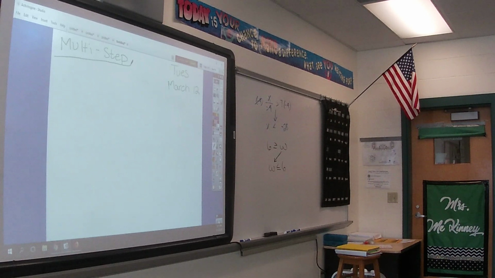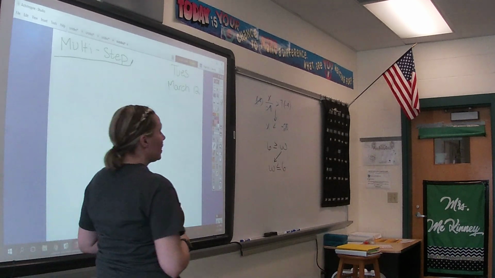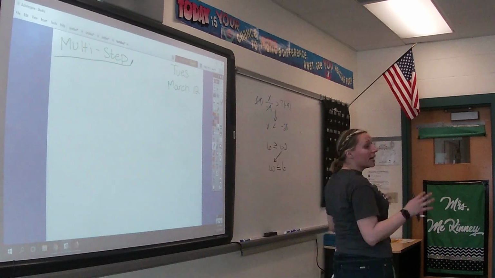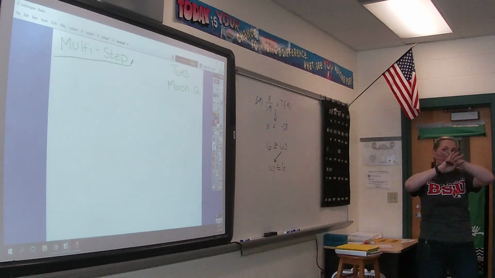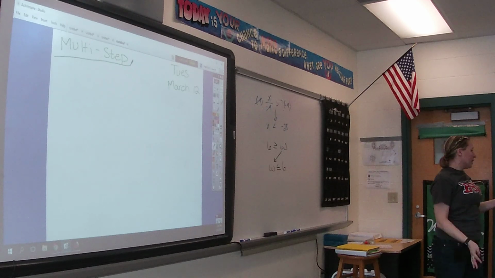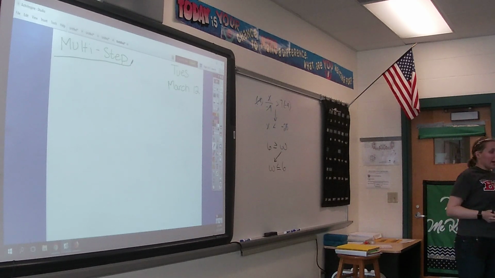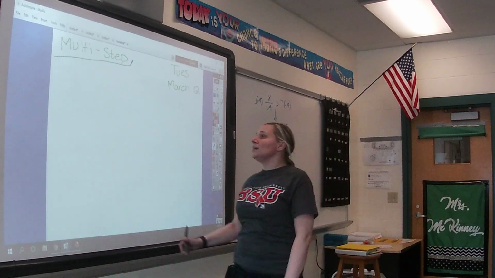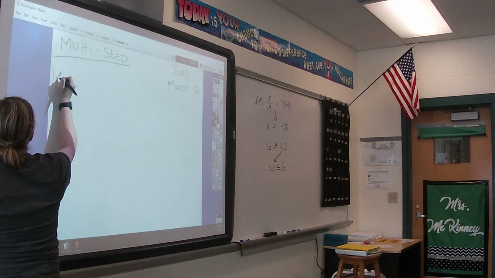We are going to flip the inequality sign if we have to rewrite it with the variable first. And we are going to solve them in the same order that we have been solving for the last 2 weeks. Okay, which means our steps say, I don't know how many times we've written this down.